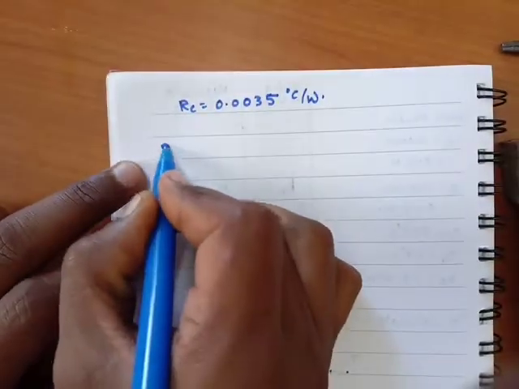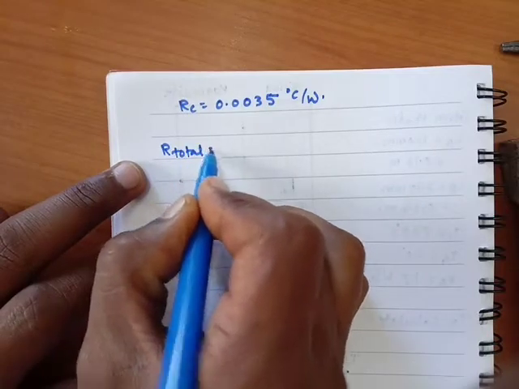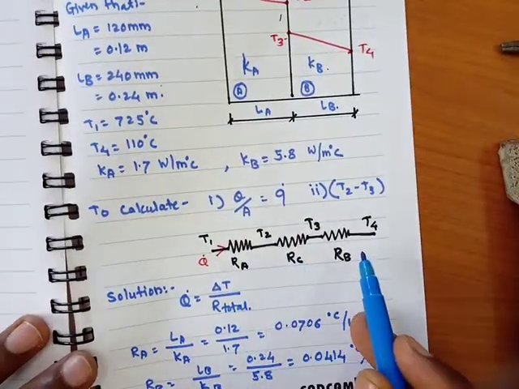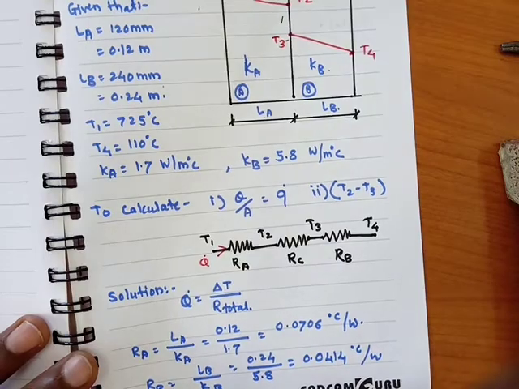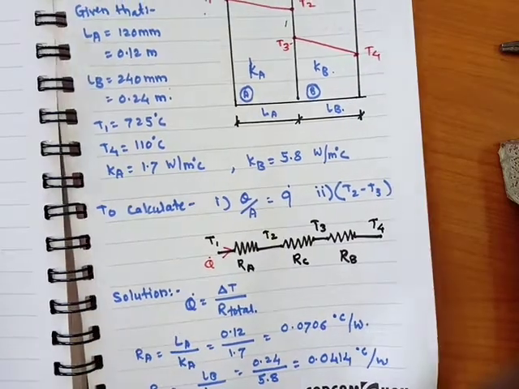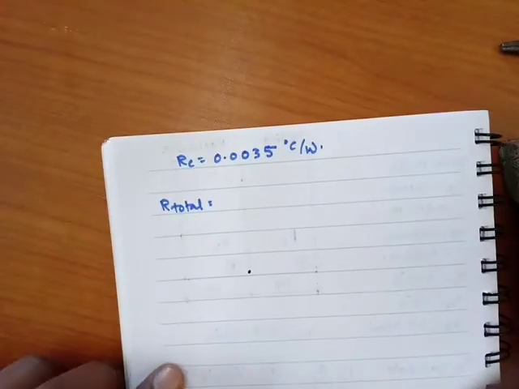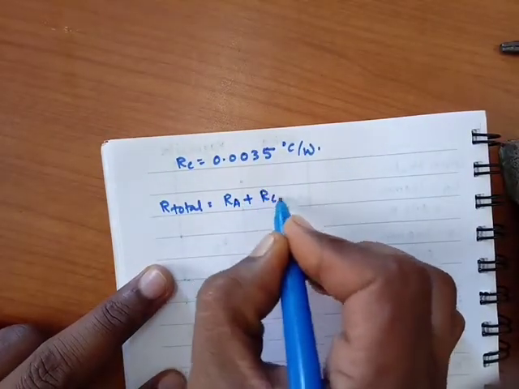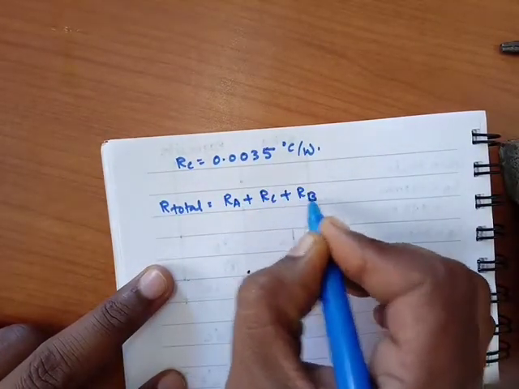So now R total. If you see, all these three resistances are in series, so we can add these three resistances to find out the total thermal resistance. So we have the formula R total is equal to Ra plus Rc plus Rb.